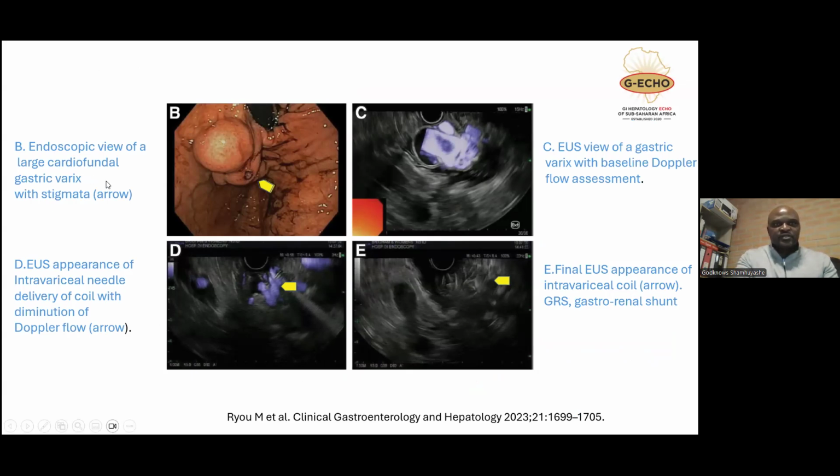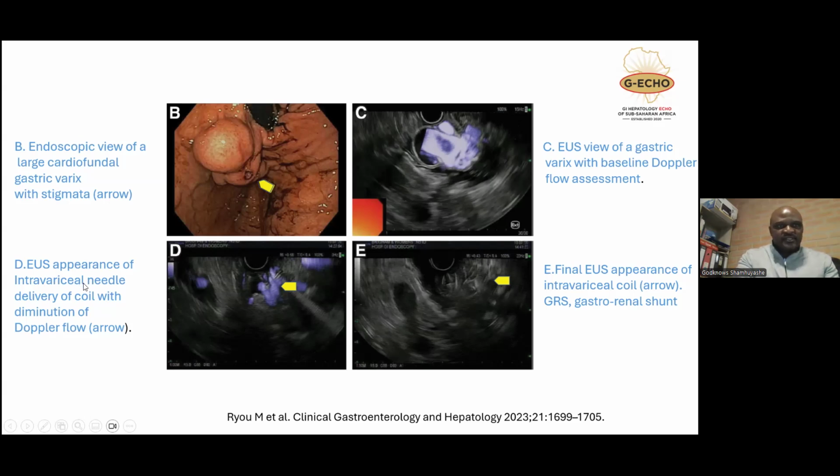So panel B here is just showing you the endoscopic view of a large cardiofundal gastric varix with stigmata. You can see it's pointed by the arrow there. And on C, it's just showing you the baseline Doppler flow assessment, that's the flow of blood in the varix there.